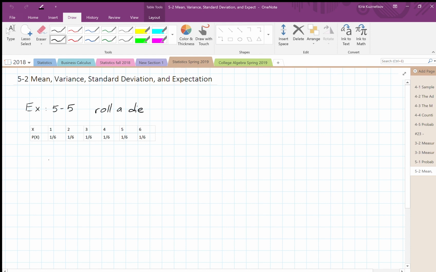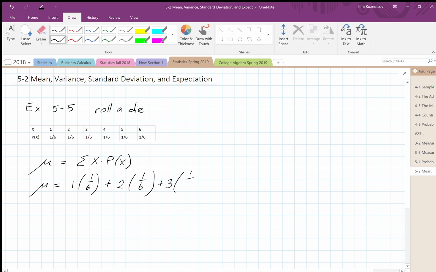So in order for me to find mu, I know that the formula is the sum of all of the x's times its probability. So I'm going to take each x, 1, multiply by its probability, plus the next x times its probability, plus the next x times its probability, plus the next x times its probability, 5, and 6. 1, 2, 3, 4, 5, 6, and the corresponding probabilities.